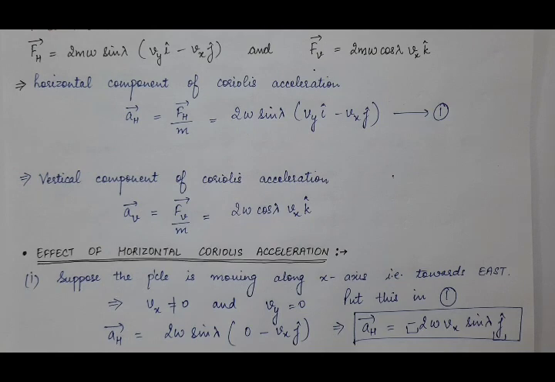Because of this horizontal component of Coriolis force acting towards the negative y-axis, the particle moving along the x-axis will deviate from its path, towards the negative y-axis. And we know that the negative y-axis lies towards the right of the positive x-axis. So the particle moving along the positive x-axis will move towards its right from its path.